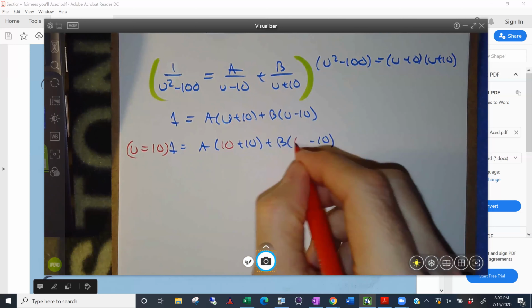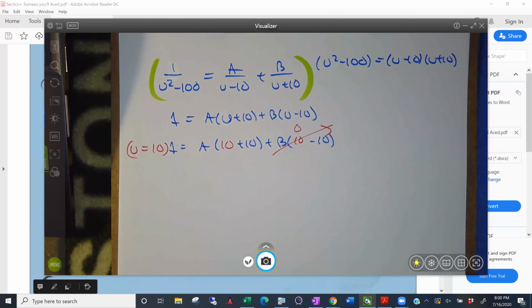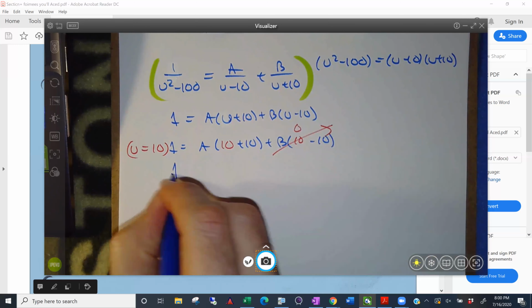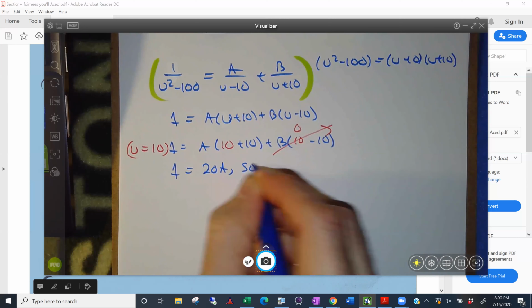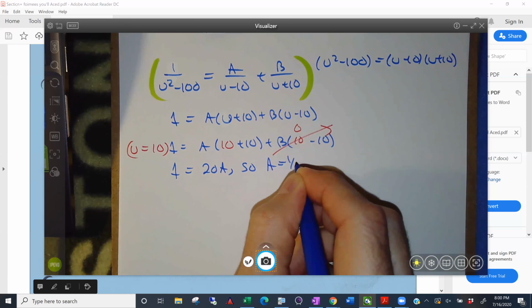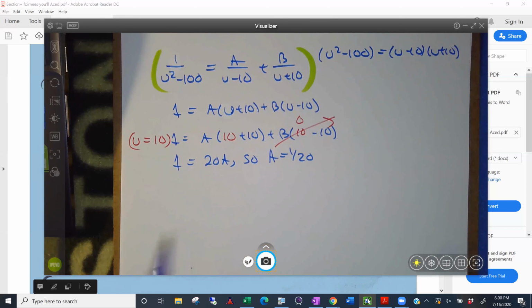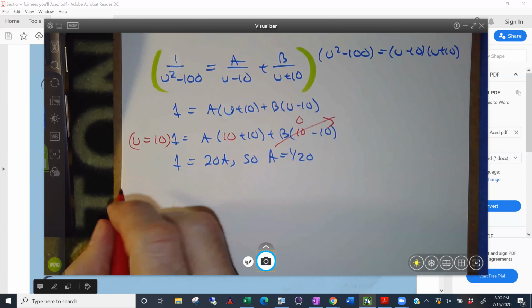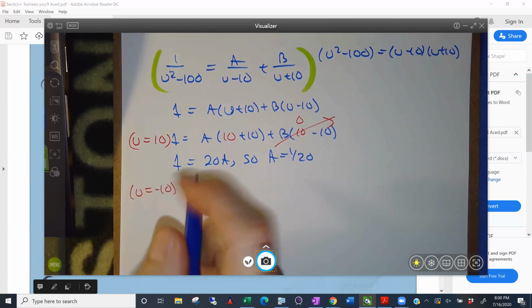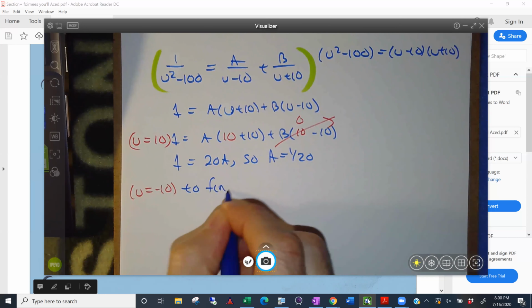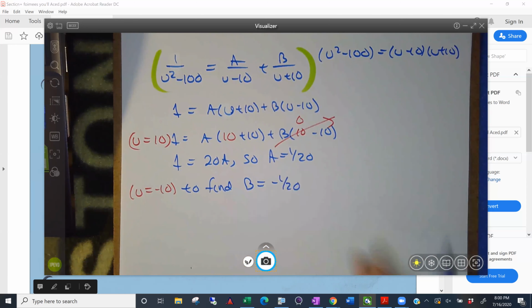And the nice thing is that this term cancels out. So I'm left with 1 equals 20A. So A equals 1/20th. You can play the same game here by letting u equal -10 and find B equals -1/20th.